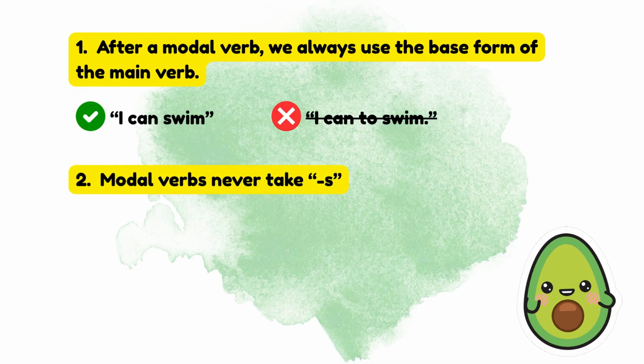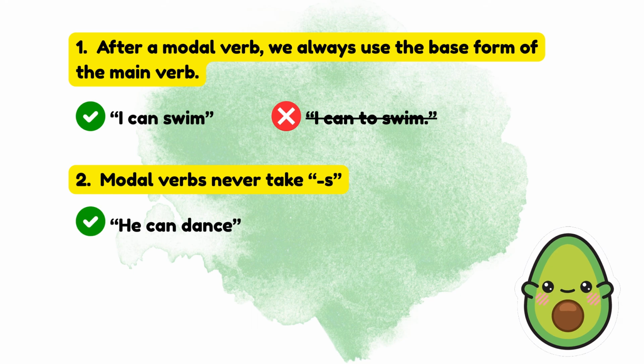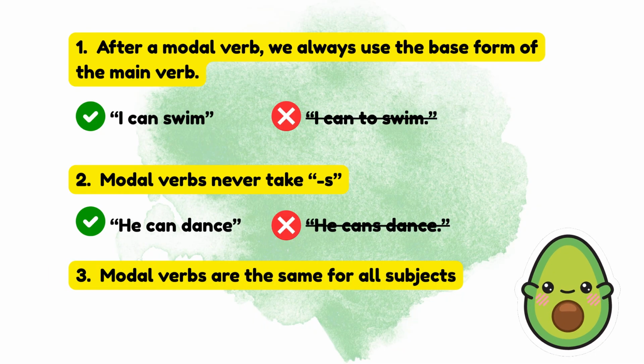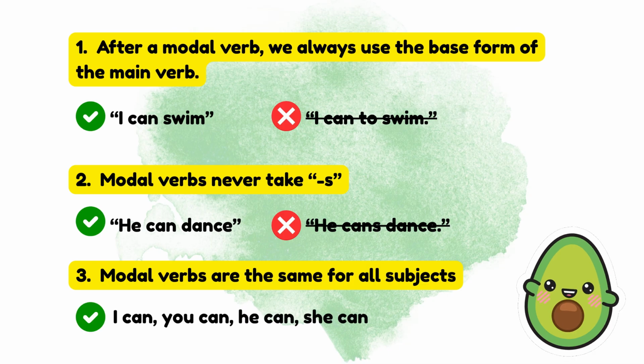Also, modal verbs never take s, so we say, he can dance. Not, he cans dance. And they are the same for all subjects. I can, you can, he can, she can. Always the same word.